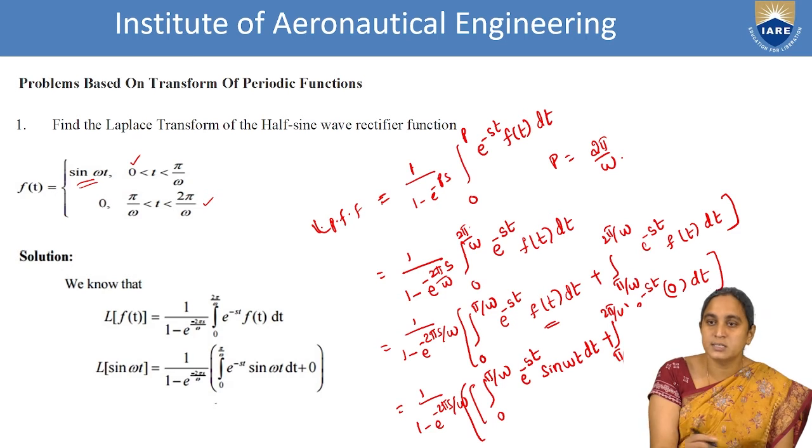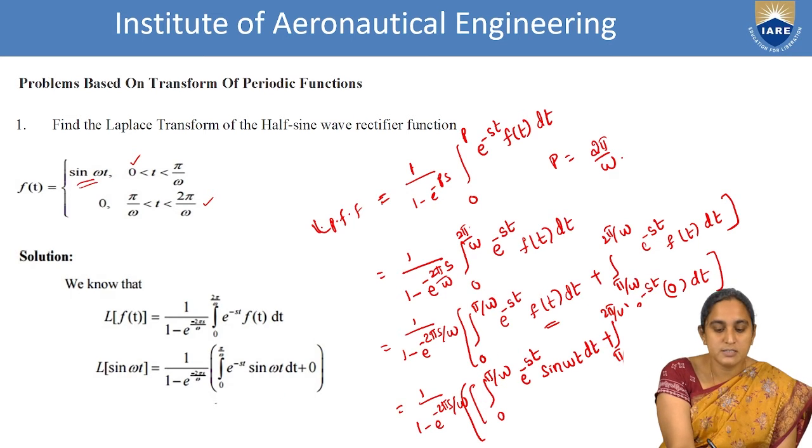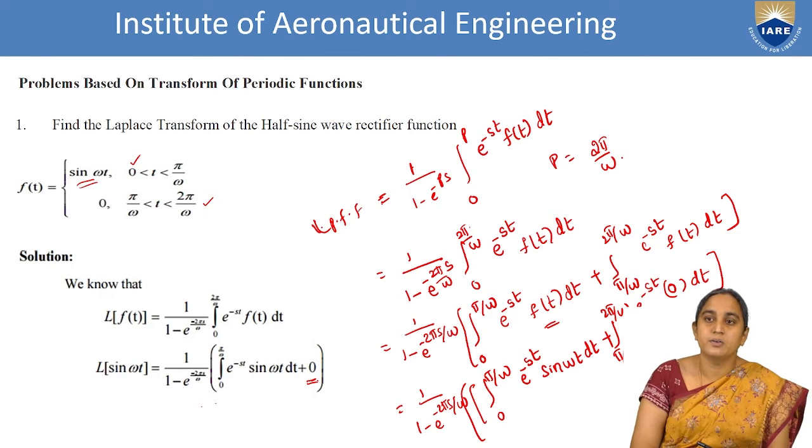After substituting the functions, the second part is completely 0, leaving 1 by 1 minus e^(−2πs/ω) times the integral from 0 to π/ω of e^(−st) sin ωt dt.